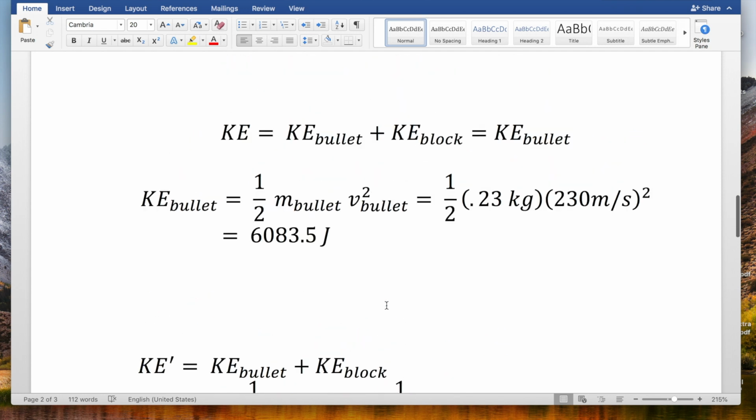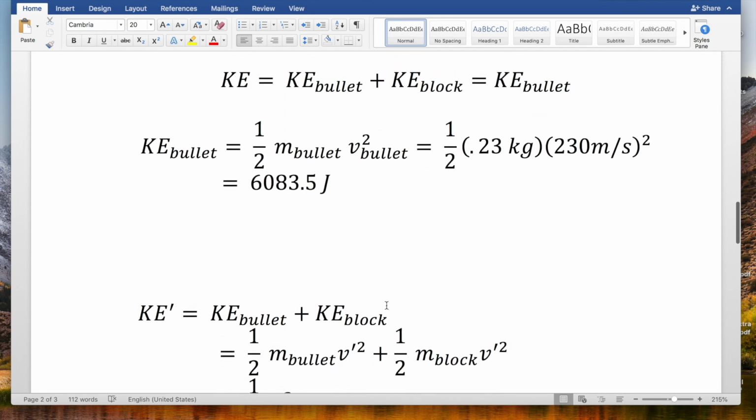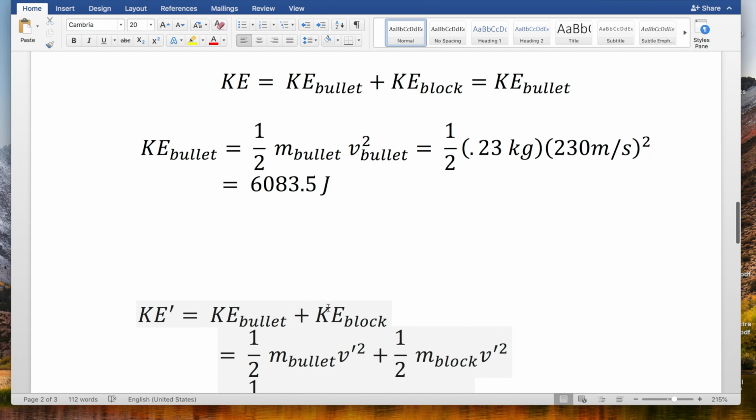Next thing we want to do is find the final kinetic energy. The final kinetic energy, both the bullet and the block are moving, so we can't get rid of either of these terms. KE is 1/2 mv squared, so we'll use the mass of the bullet and the mass of the block. And once again, after the collision, the bullet and block are moving with the same velocity.